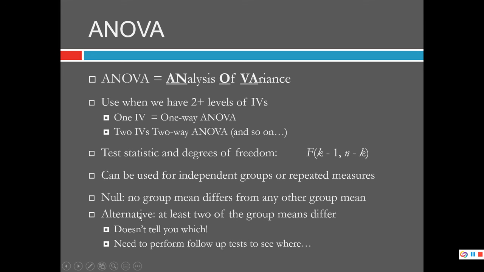But that finding itself doesn't tell you exactly which one. You need to do follow-up tests to actually see where that difference is. So if you had groups A, B, and C, a significant alternative hypothesis just tells you that some of them are different. It might be A and B, it might be A and C, it might be B and C, it might be all 3. You don't really know. You just know from a significant F statistic that there's some difference there that you need to account for.